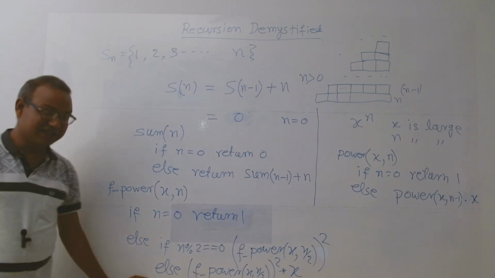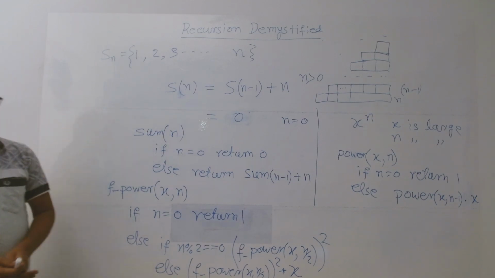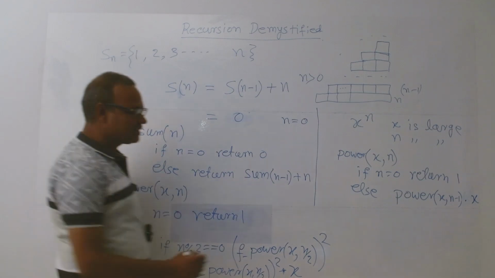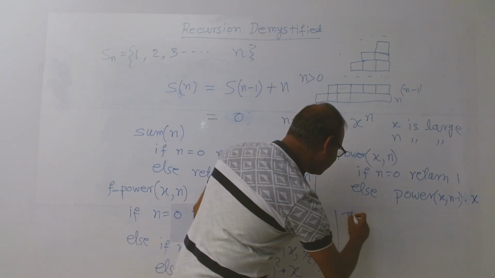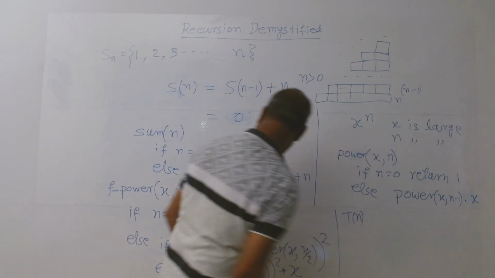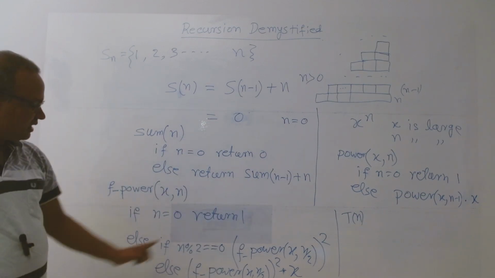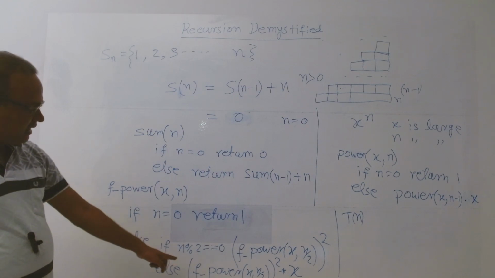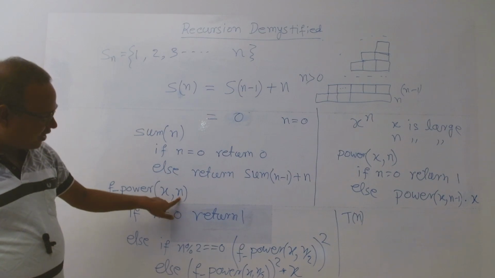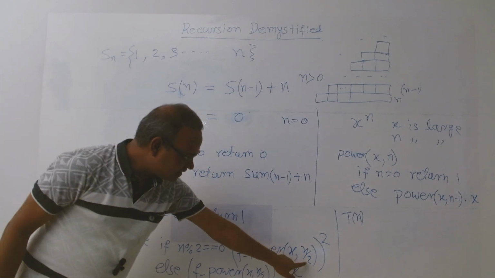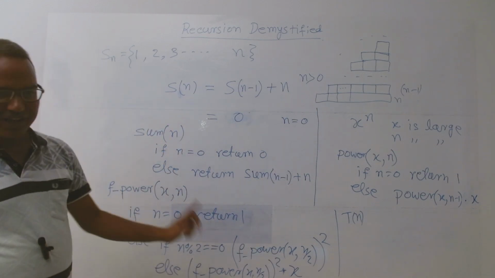But what is the complexity here? If we solve the complexity of this recursion, that is very interesting. We will get the recursive function T(n). Let's say the complexity of power n is T(n). This is a divide and conquer algorithm. T(n) is basically computing the recursion of size n by 2, so it will solve faster.